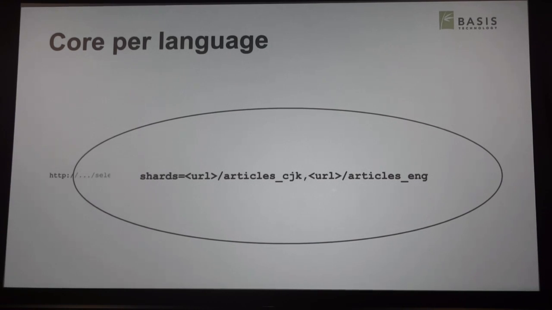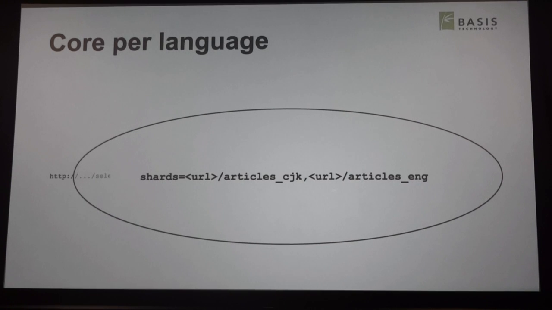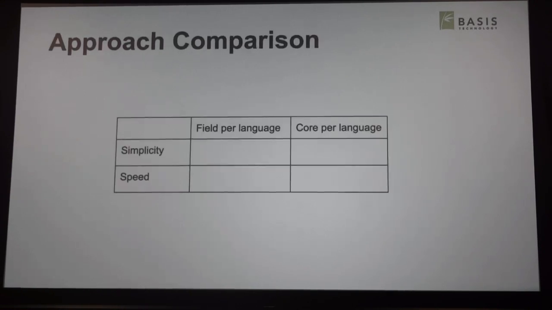Solr has this distributed search feature where you essentially can specify multiple search endpoints that you want to hit. And Solr will hit all of those and merge results for you. So that's the shards parameter where you would hit a shard, or an index, called articles_cjk. That's your CJK core, and then also articles_eng. So that's the equivalent way.